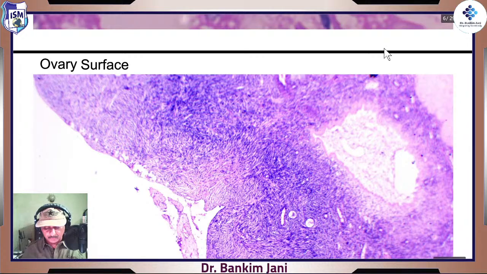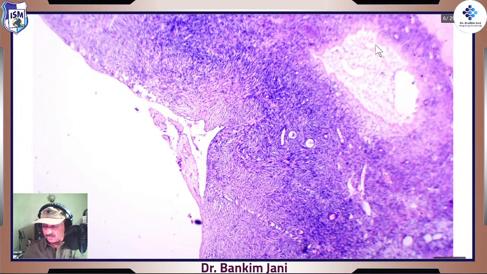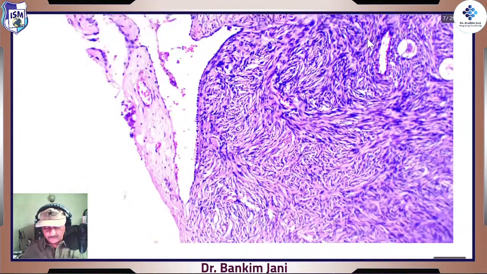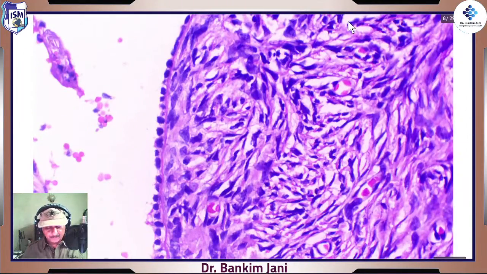Let's move on to the ovary surface. In this ovary, as we zoom further and see, it is so difficult to see those cells, but if we just see the nuclei, no doubt about it.